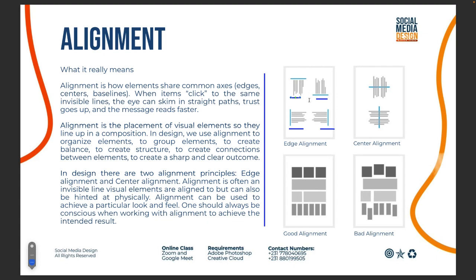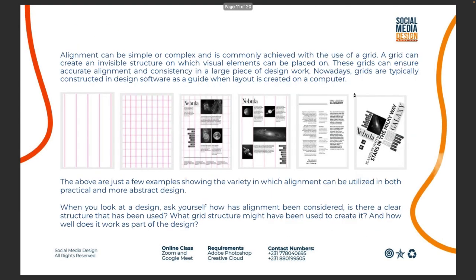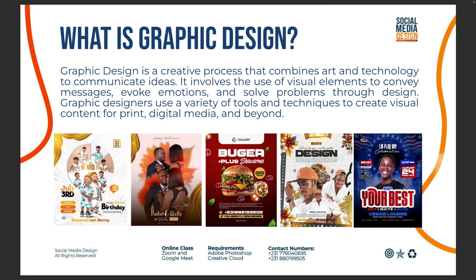Either the items are aligned edge by edge or they are aligned in the center. Let's take a look at this flyer above. So here we have center alignment, and then here we have the same center alignment, and this one still has the same center alignment, and this is the same center alignment here.